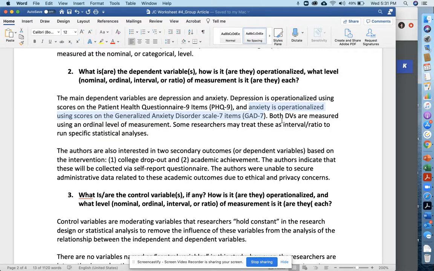Both of these dependent variables are measured using the ordinal scale because these scales have Likert type scales for each item, and those are generally considered ordinal. But as we've discussed before, even though technically they're ordinal, researchers usually treat them as interval or ratio so that they can run more sophisticated statistical analyses.